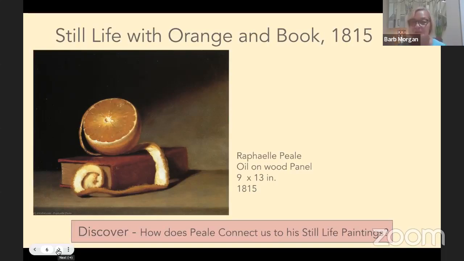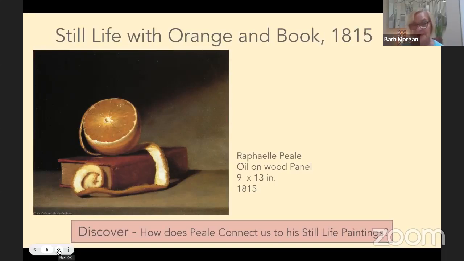And first of all, if we look at it, we have this orange that's partly peeled, and half of that orange, which is very round, is sitting atop the book. But the rind of it and the peeling, it kind of curls around the book almost like a snake. And then the replication of the beginning of that rind almost is a balance with the orange. They're both those roundels, so to speak.